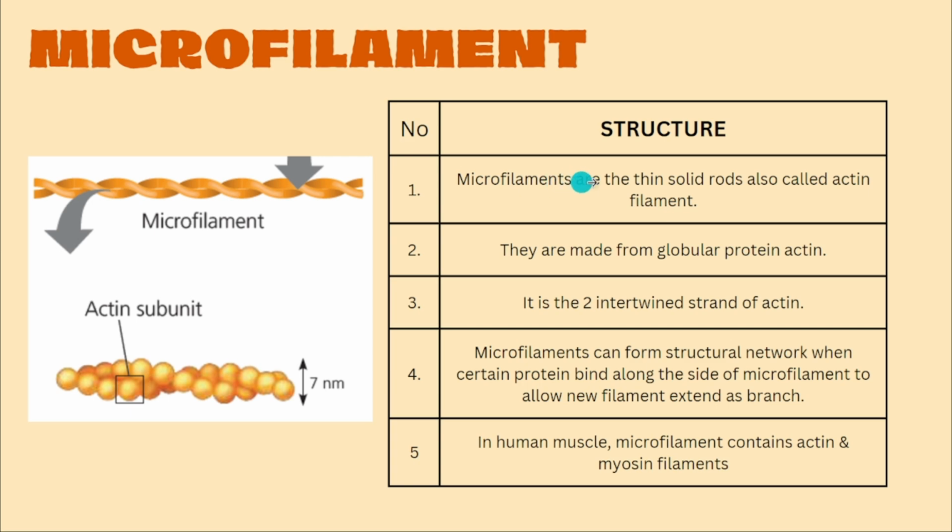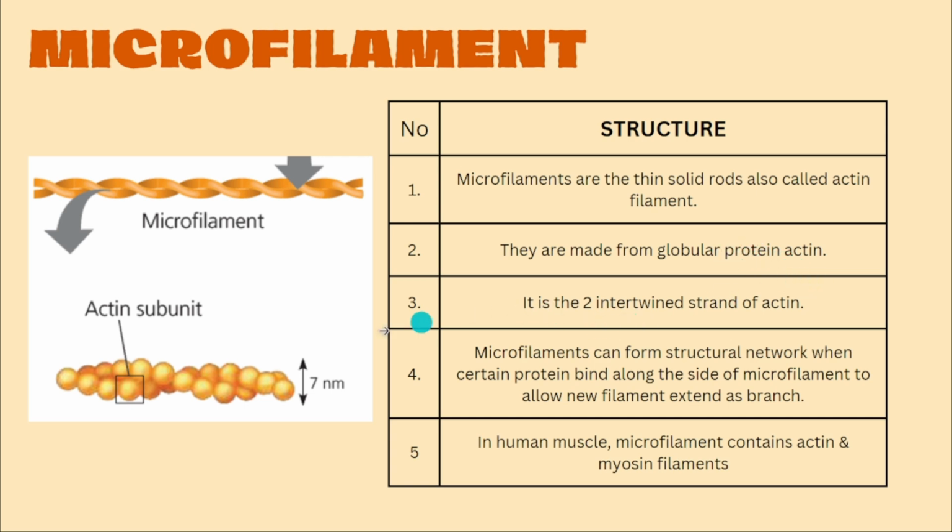Microfilaments are thin solid rods, also called actin filaments. They are made from actin protein, compared to microtubule which is made from tubulin, a globular protein. This one is formed from globular actin protein.